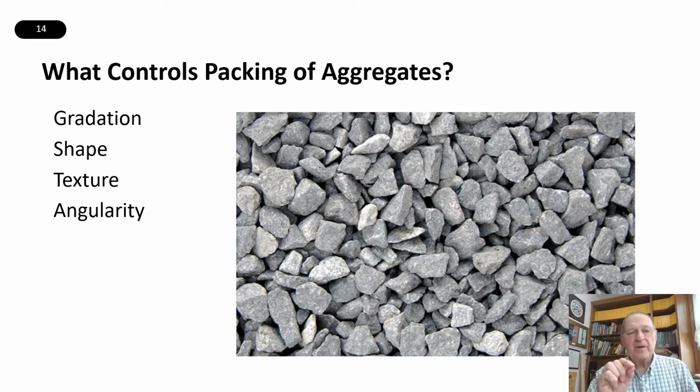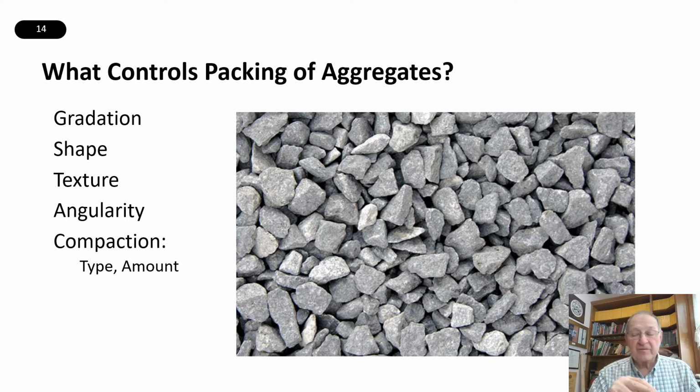The shape, the texture, the angularity of the aggregate particles will influence how they compact together as well. Now, the type and the amount of compaction will influence how the aggregates pack together. And then lastly, the hardness of the parent material.